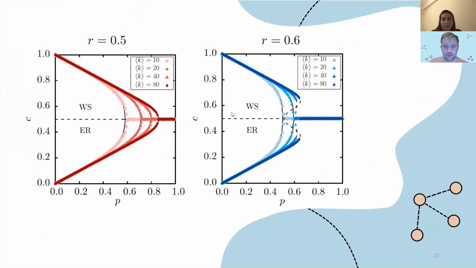So for example, at the beginning, I start with the concentration of positive agents equal to 0.52. Okay, so I'm more or less bigger than this dashed line here. And my system converges to one of these values here because they are my stationary states. And what I mean by hysteresis, this hysteresis appears like here.